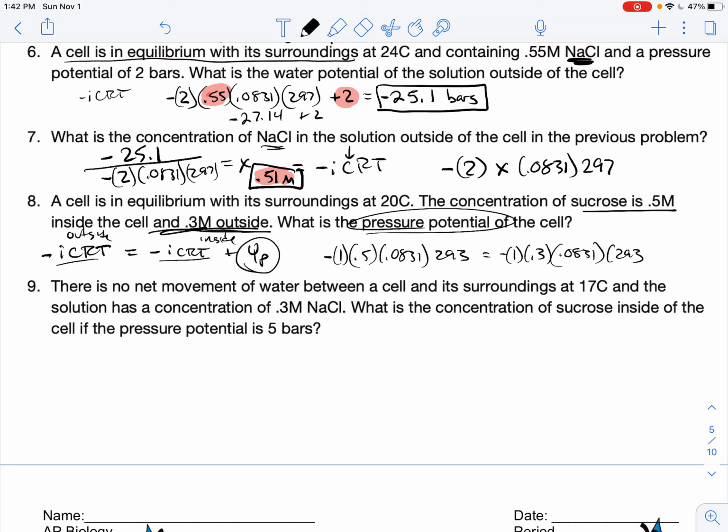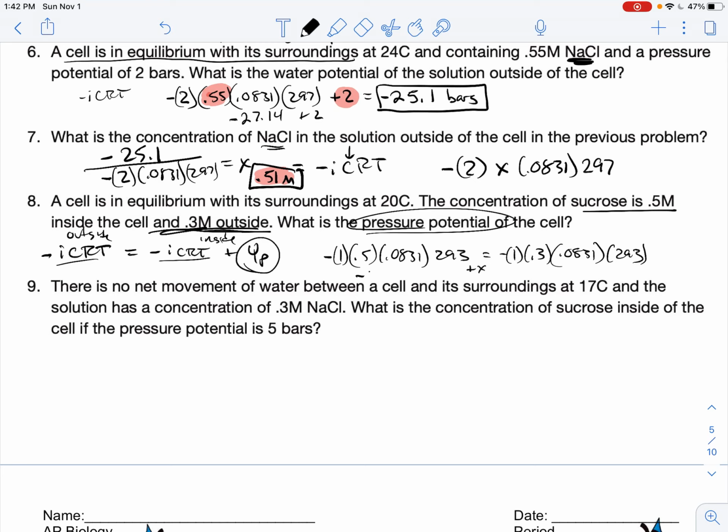So we're going to calculate each of those out. For this setup, the inside is going to have our plus x, or our pressure potential. And then on this side is just the outside. So when we calculate that out, I could do a quick 0.5 times 0.0831 times 293.